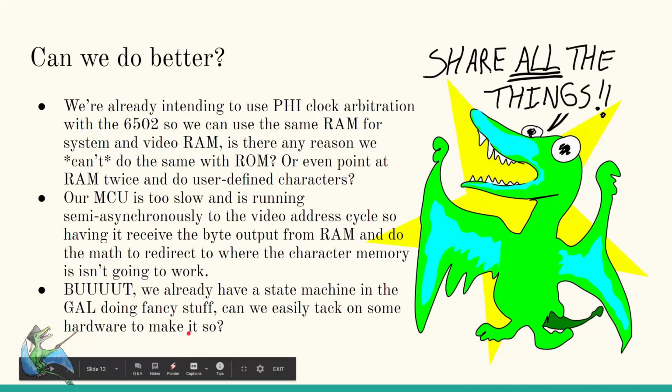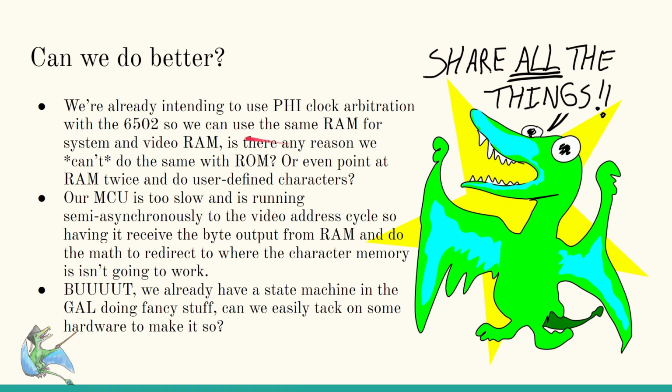So, can we do better than that? Our first target is a 6502 CPU.